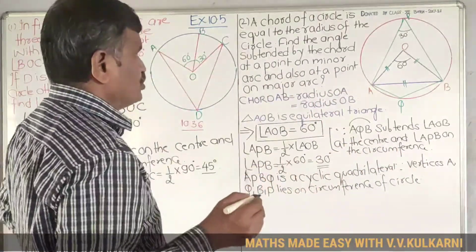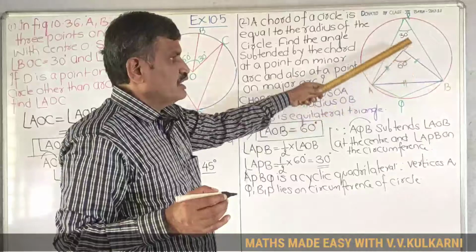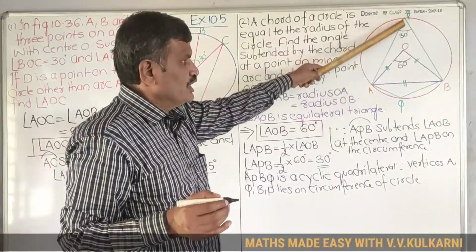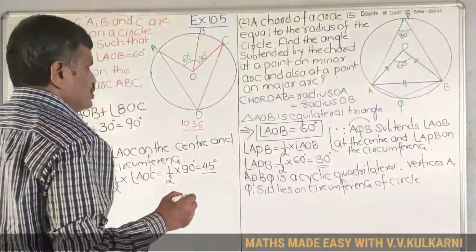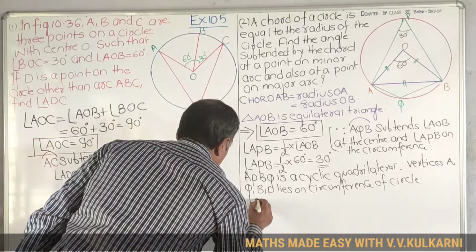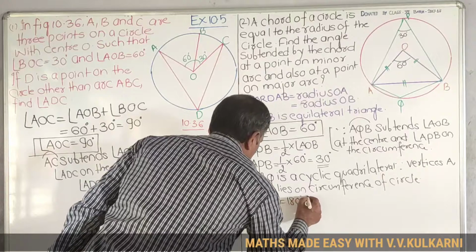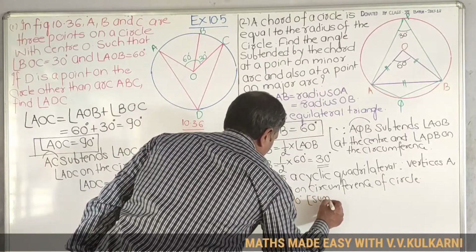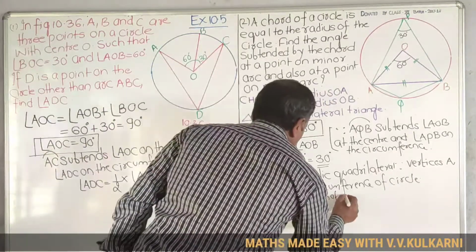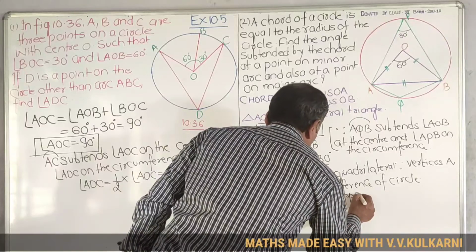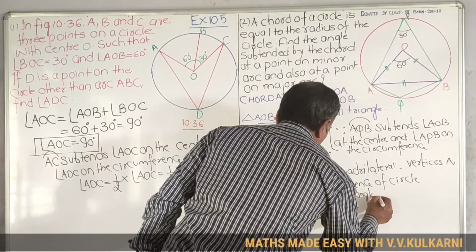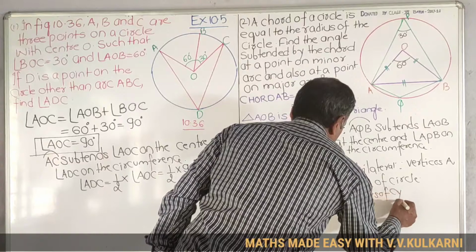So the sum of opposite angles of a cyclic quadrilateral is always 180. So angle P plus angle Q should be equal to 180, because the sum of opposite angles of a cyclic quadrilateral is 180.